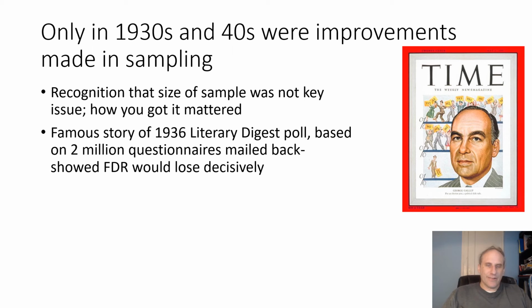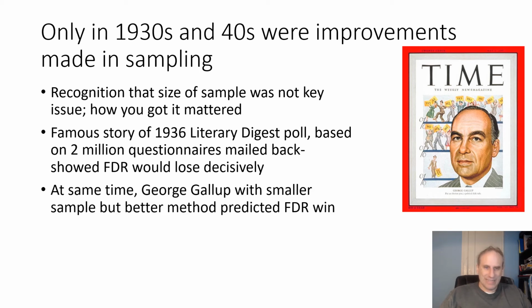In 1936, one of the major magazines of the day, the Literary Digest, did a poll based on 2 million questionnaires that were mailed back to the Literary Digest. They did a lot of work getting it out there. They had done this for years earlier and had pretty good results. And the 2 million people who mailed back said Franklin Delano Roosevelt would lose that election decisively.